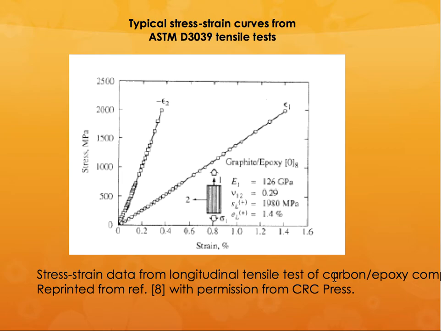So if you calculate all these values, you can represent the stress-strain behavior of these materials. Most of the time, you're only going to be looking at the linear portion of the stress-strain curve.